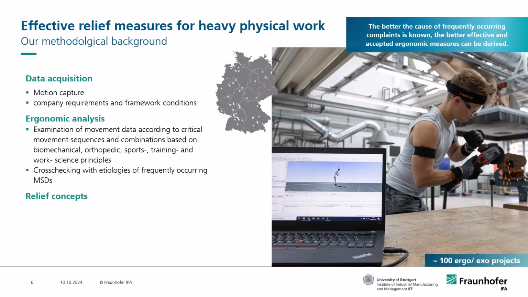So pen and pencil methods still make sense, and of course they are a good tool to have a first understanding of the workplace, but they also have limits in the depth of the analysis and what they can tell you. So if we have understood where the etiologies are coming from, we can think about relief concepts.